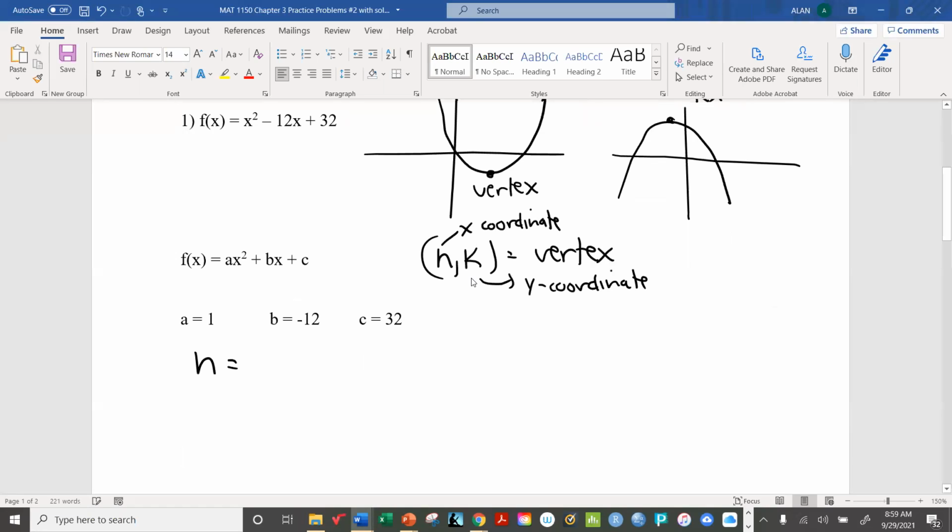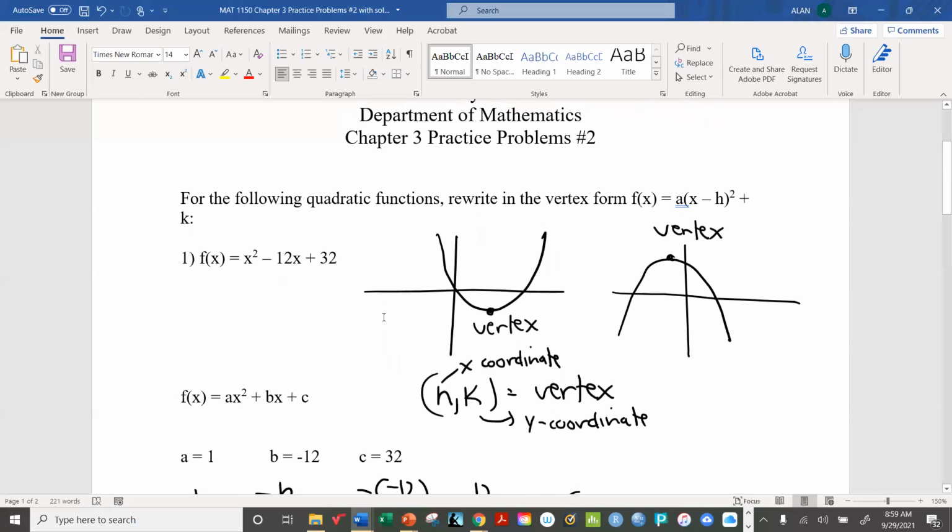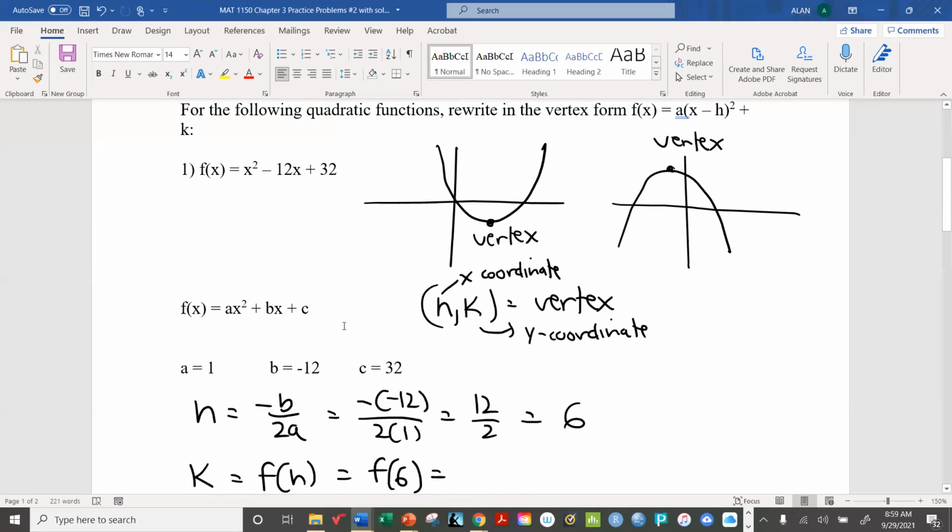H equals minus b over 2a, which in this case is minus 12 over 2 times 1. Now, k is f of h. So you take this expression and replace all the x's with 6's.